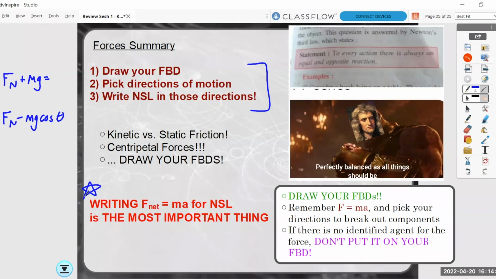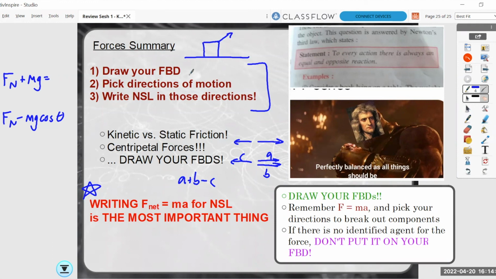Be thoughtful, right? If your vectors are in opposite directions, they get subtracted. If I have A, B, and C, then my net force will be A plus B minus C, right? Make sure to consider all of your vectors. This tends to trip people up, especially on those normal force questions, where we've got some component that's pulling up.